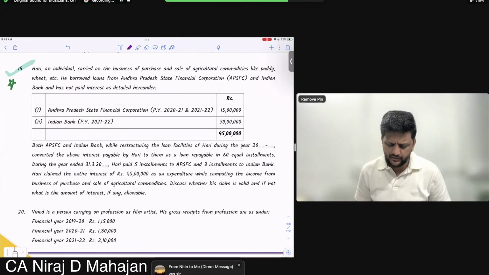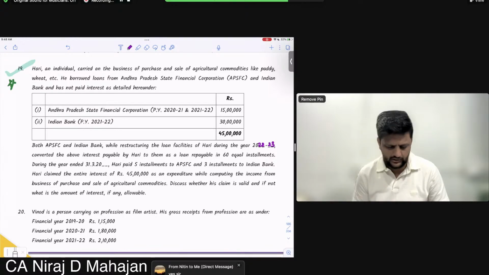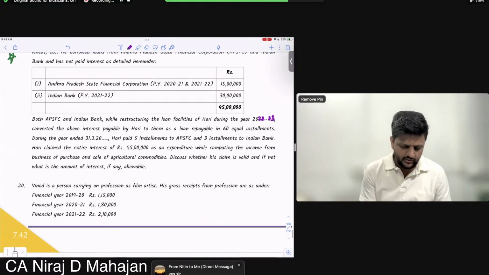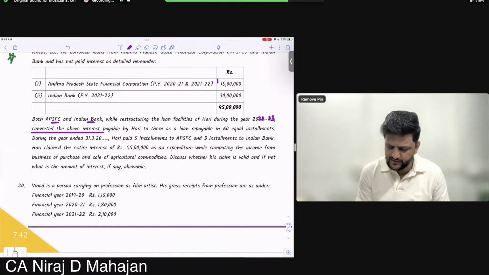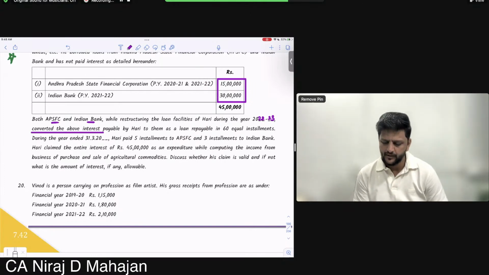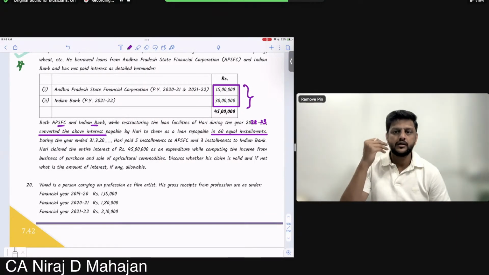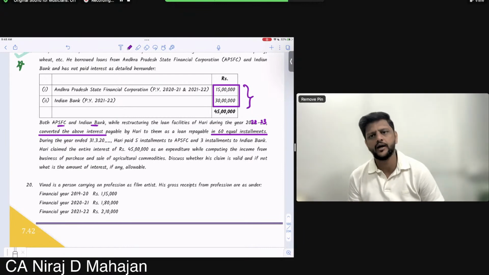So while restructuring the loan facility for the current year 22-23, pay attention now. Both the banks converted the above interest of the earlier years, payable by Hari to them, into a loan repayable in 60 equal installments. So this becomes automatically converted into a new loan.